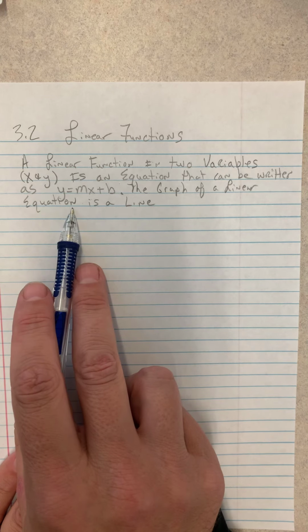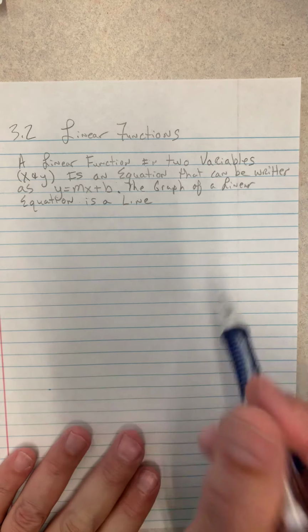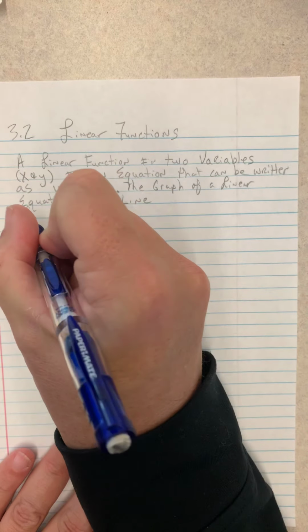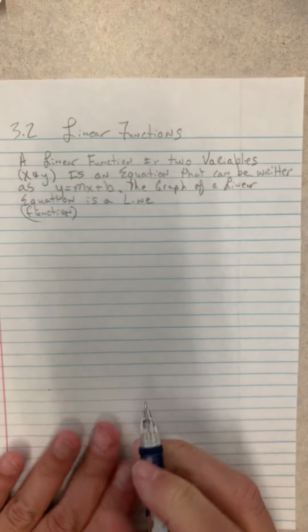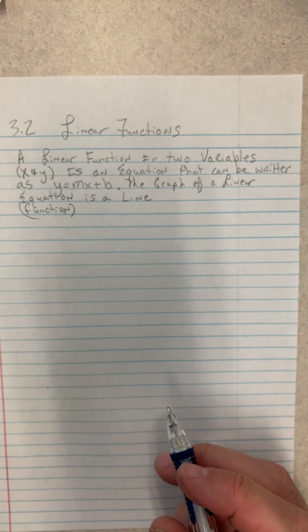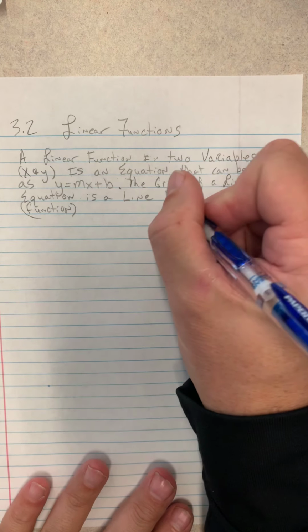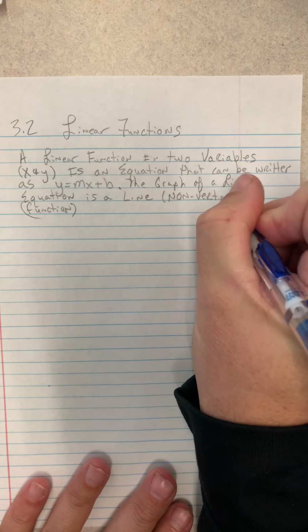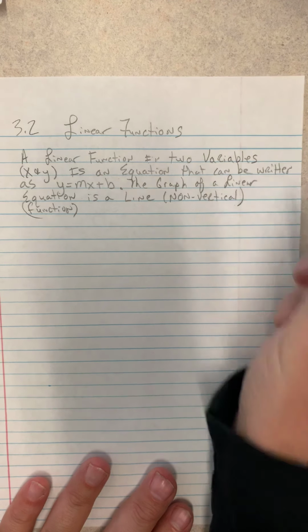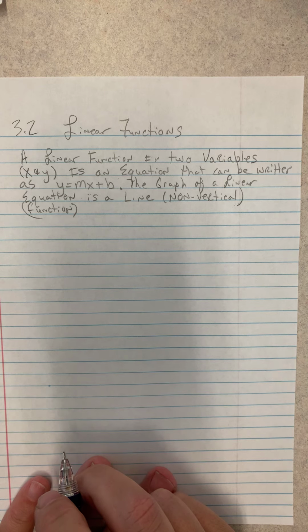So I will tell you, the graph of a linear equation, or a linear function, is a line, except when I have a vertical line, a non-vertical line.